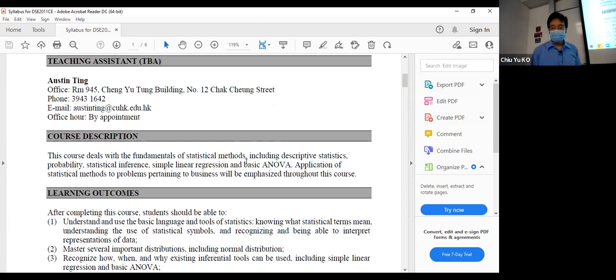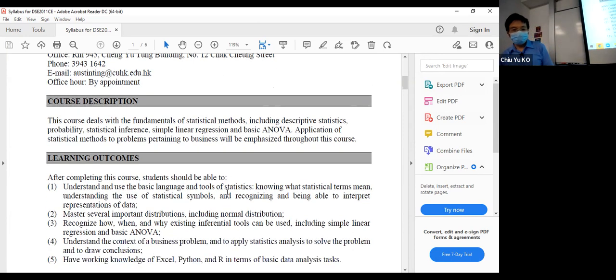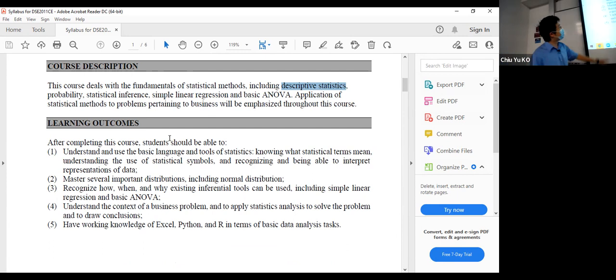Of course, different instructors may have different emphasis, but the main idea is the same. Basically, you have descriptive statistics, probability, inference, regression, and ANOVA, and later I will tell you a little more about that. This is the same for everyone, so the course outcome is the same.